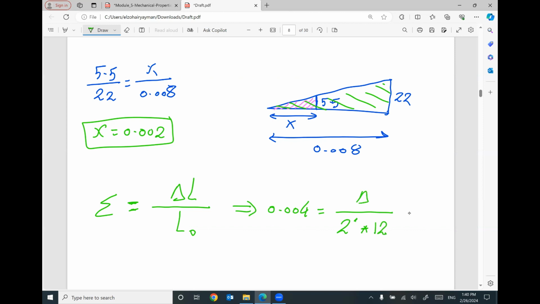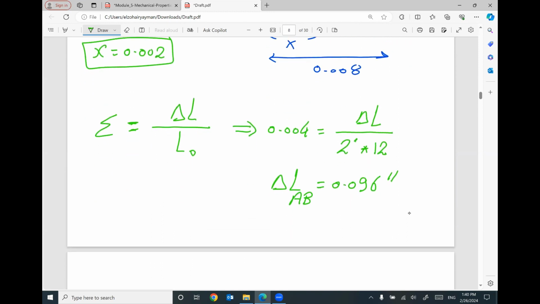Then I can figure out the expected elongation in this member. So the expected elongation in member or wire AB will equal 0.096 inch.